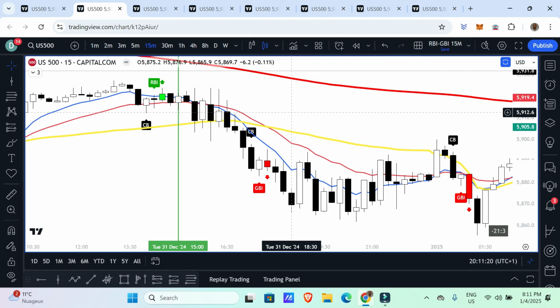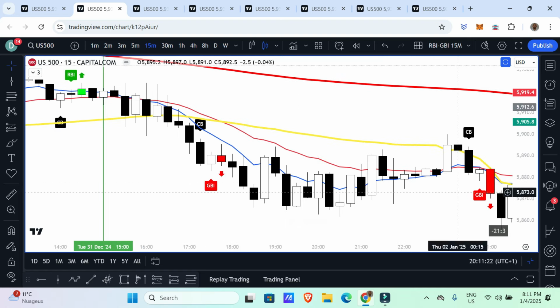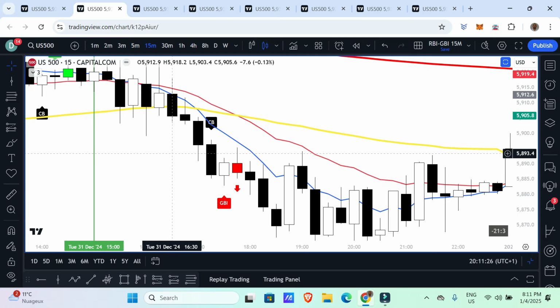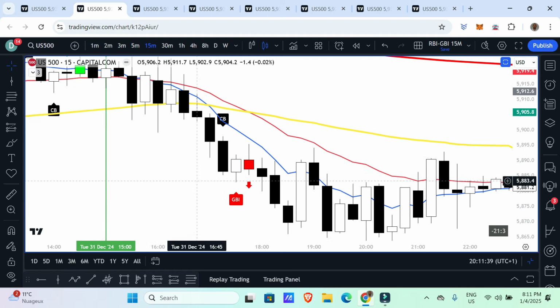I will remove this blue line from the previous trade. The first signal we got here is the CB, the control bar, or like Oliver Velez would say, elephant bar. This candle came at 5:15 European time, so around 10:11 New York.